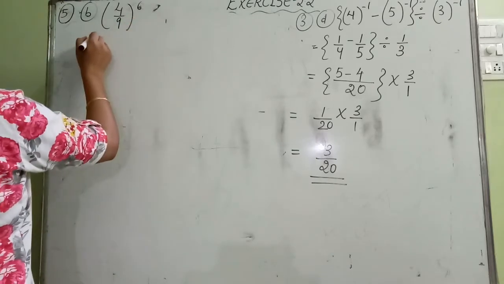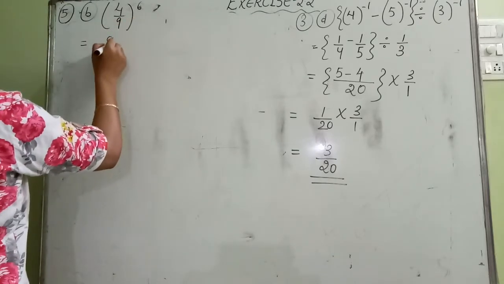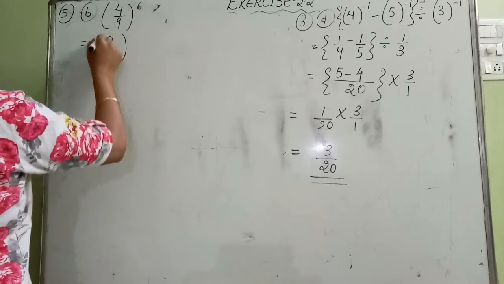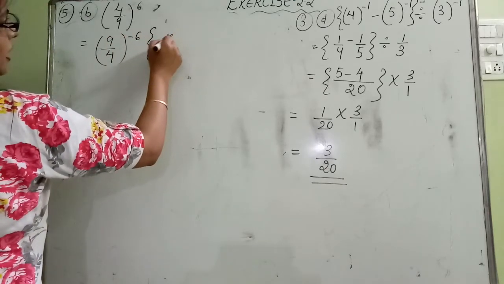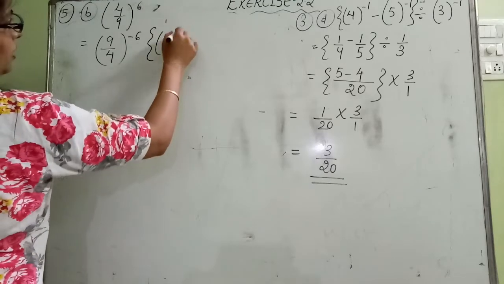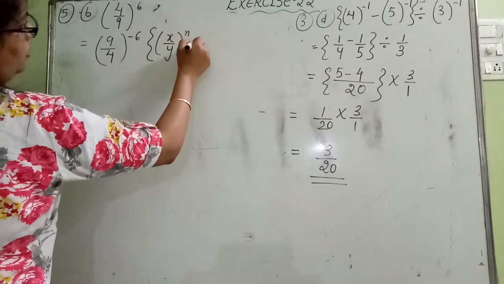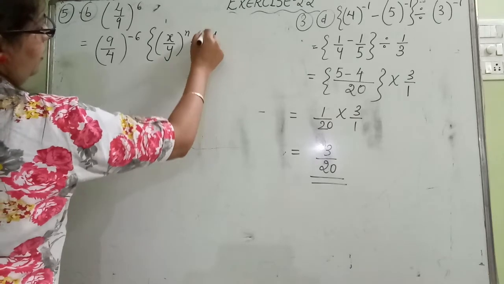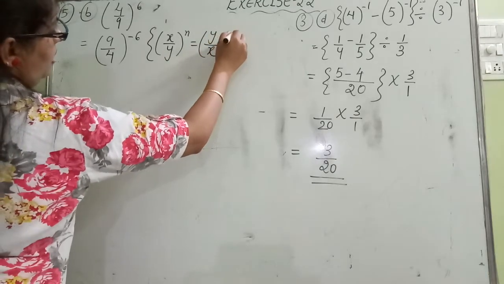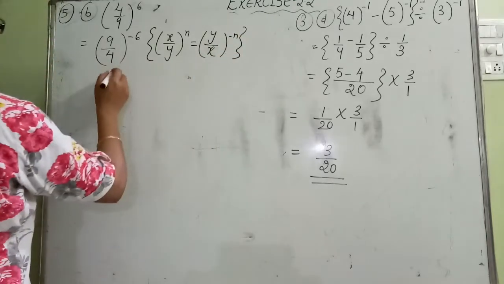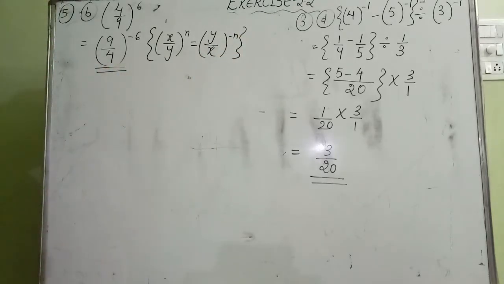This will be equal to 9 by 4 raised to the power minus 6. Reason is x upon y raised to the power n is equal to y upon x raised to the power minus n. So this will be the answer.